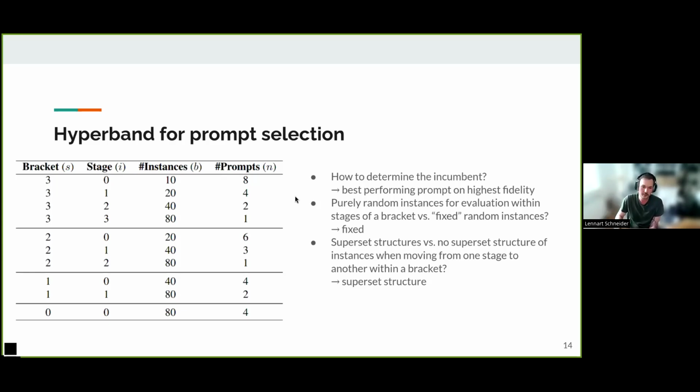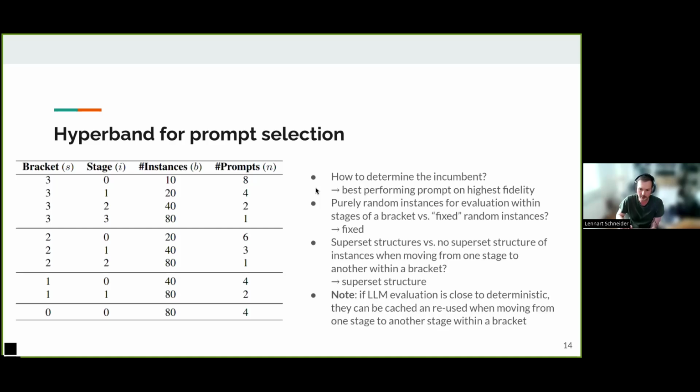And it turns out that if you use a superset structure, that's usually better for performance, especially if your LLM evaluation is close to deterministic. So if you usually get the same output, not the natural language output, but the score would be the same, then it makes sense to have a superset structure because you can actually cache the evaluations. That means the 10 that you would include in the 20 of the next stage, you don't have to evaluate again. You can simply look up based on caching the evaluations, which means you get some speedups again.